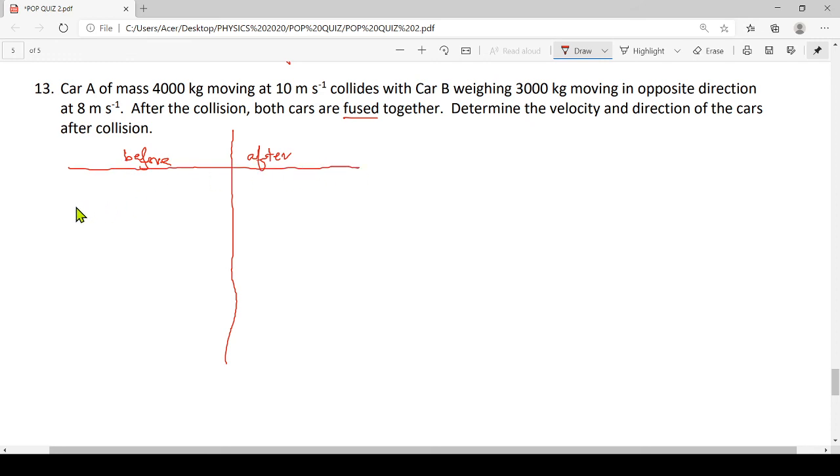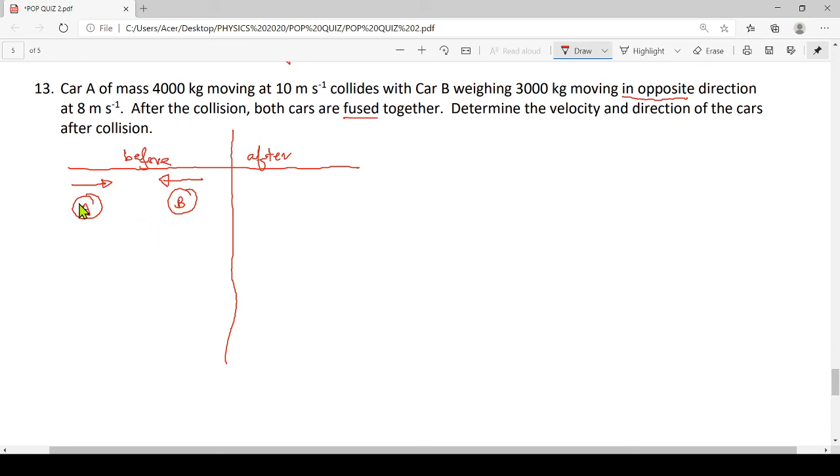Okay, before the collision, I have car A going to the right, let's say. But then car B, it says here, is moving in the opposite direction, so it's going to the left.